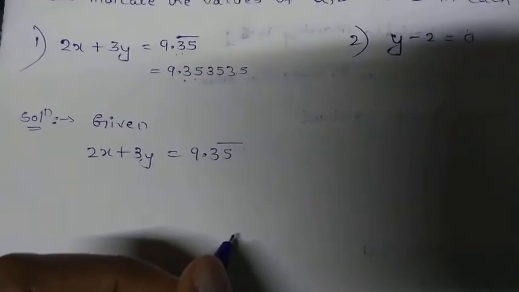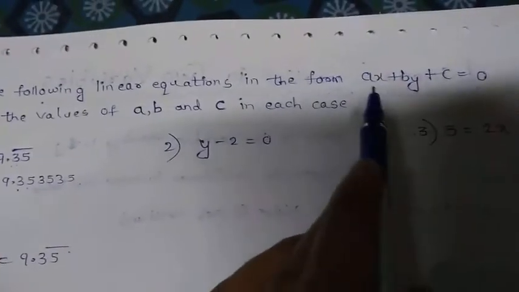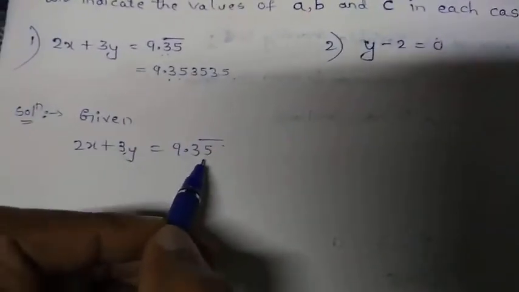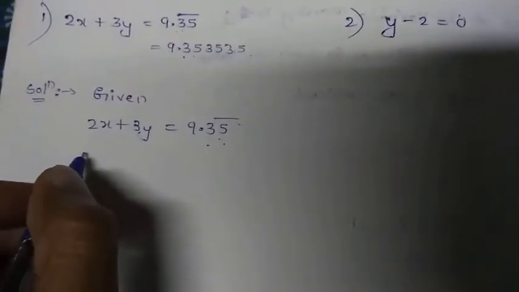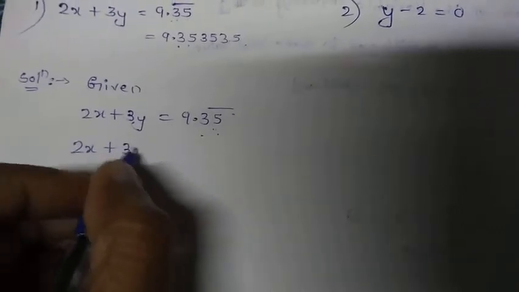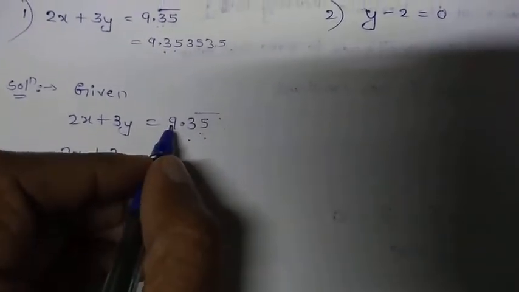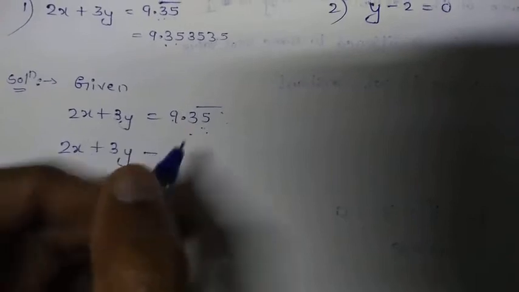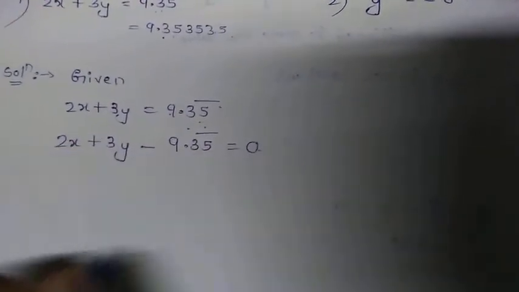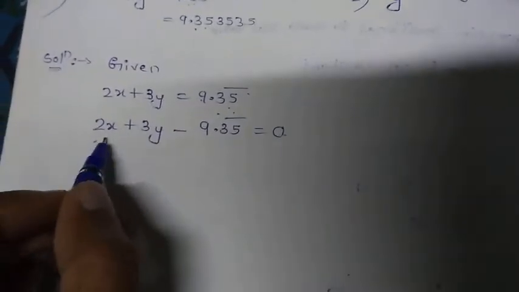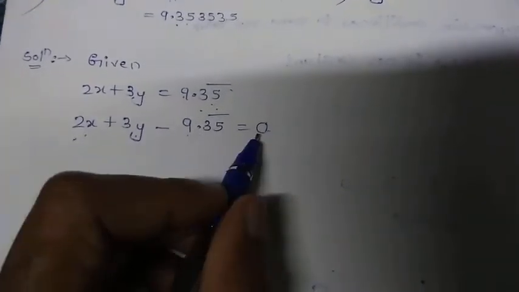Since we have to express it in the form of ax plus by plus c equals to 0, we shall just transpose this 9.35 bar to the LHS. So 2x plus 3y minus, since it is plus, if it goes to the LHS, it becomes minus 9.35 bar is equals to 0. So this is the standard form, that is ax plus by plus c equals to 0.